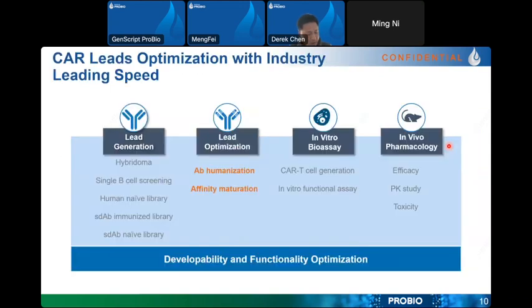In the lead optimization stage, antibody humanization is a common practice to reduce the immunogenicity risk, while affinity maturation is only required for antibodies with relatively low affinities, such as those generated from the naive library.